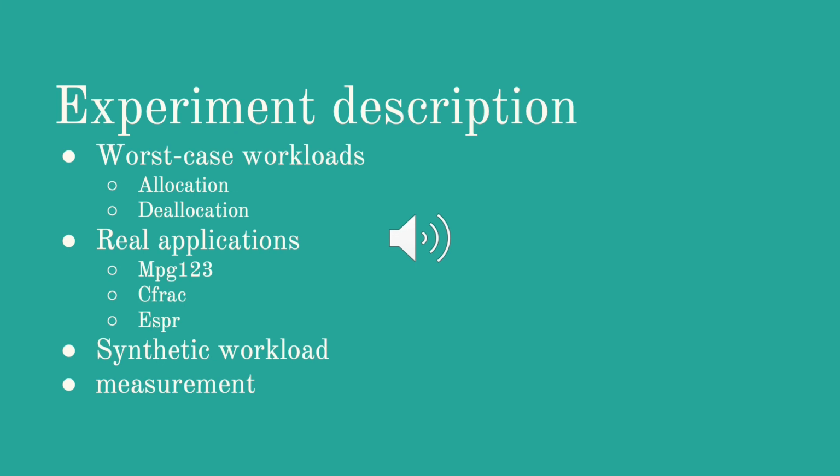An initially empty 4 million bits heap is used in the experiments. The smallest value for minimum block size and splitting threshold possible for all allocators is used in the experiment.